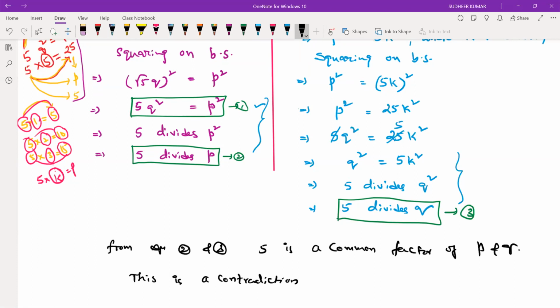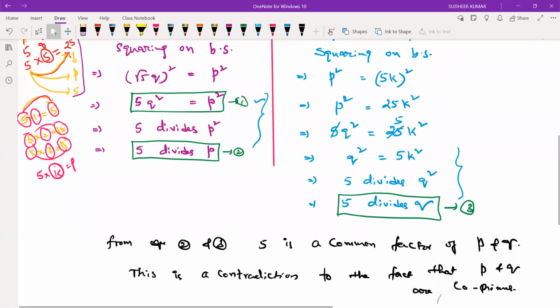This is a contradiction to the fact that P and Q are co-primes. Or you can write that it contradicts our assumption.